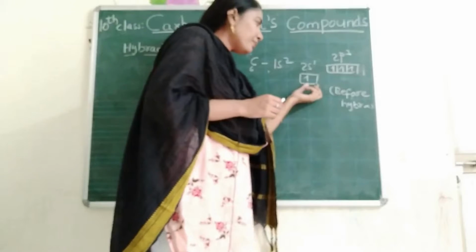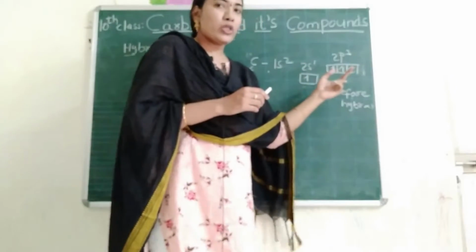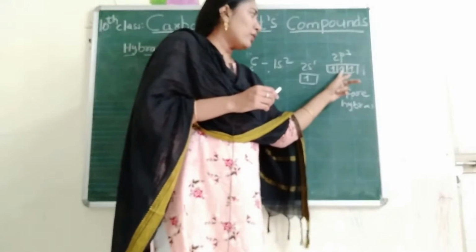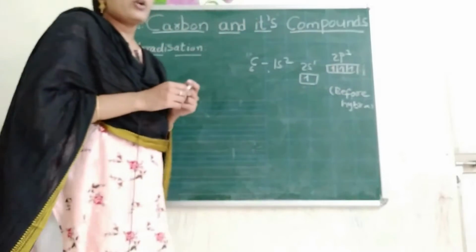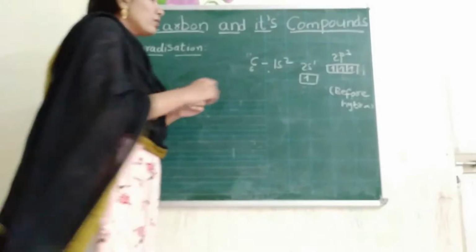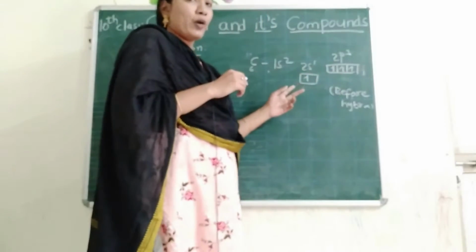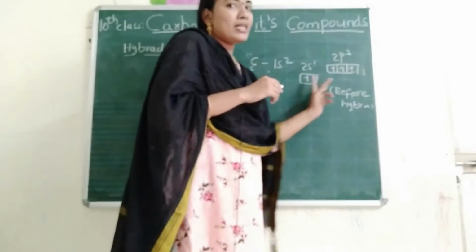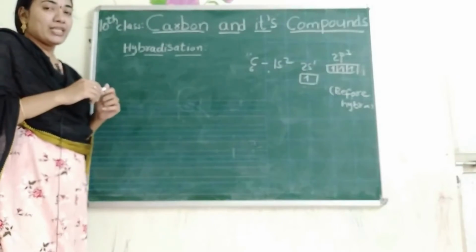The intermixing and redistribution of atomic orbitals having nearly equal energy to form a new set of orbitals which have the same energy, that means identical properties, the same energy and the same shape. That concept is called hybridization.